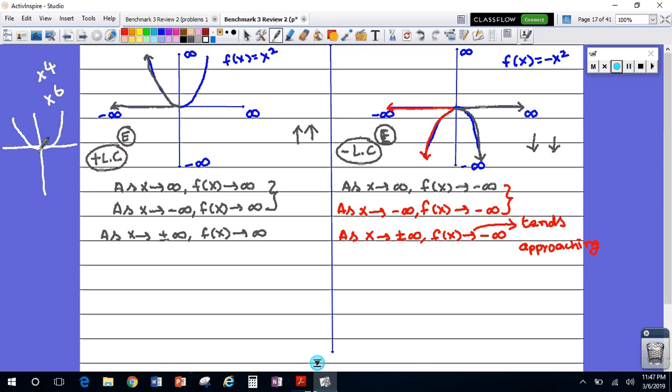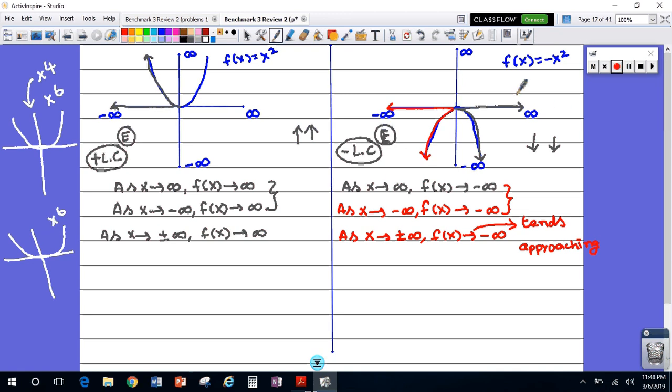Now observe the difference between x squared and x to the 4th. This is x to the 4th. Your x to the 6th power is still flatter at 0, like this.